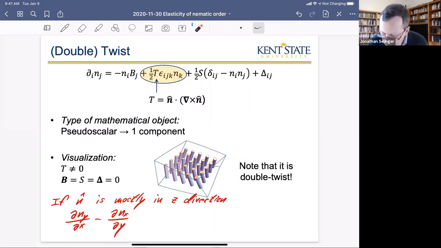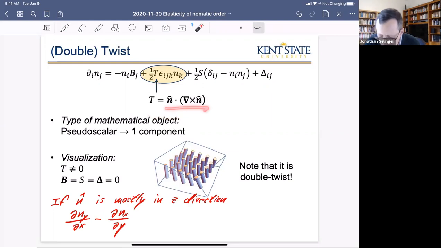This object has this mathematical expression if n is mostly in the z direction. If n is in any old direction, then we get this mathematical expression. That is to say, we take the curl of n, that's a pseudo vector, dotted with n. That's a proper vector.